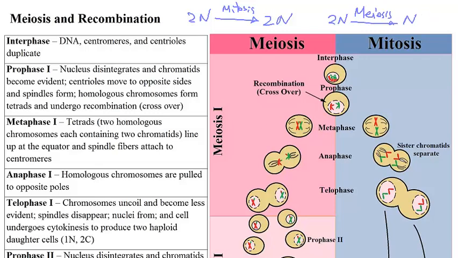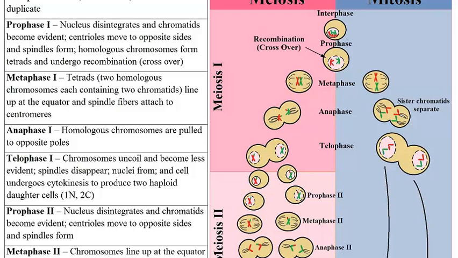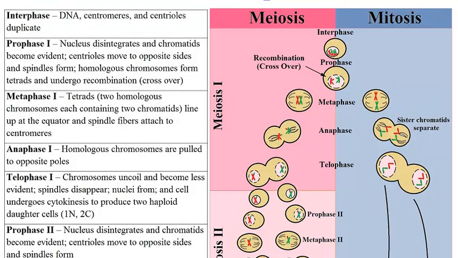All right, so here we've already discussed the mitosis phase. I'm not going to go over this phase. I just showed it on the right side so you can compare it to the phases of meiosis. So meiosis actually happens in two separate steps. One, we call it meiosis 1, which has its own prophase, metaphase, anaphase, and telophase stage.